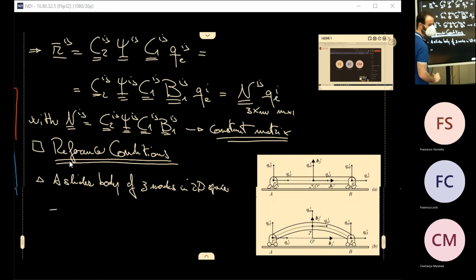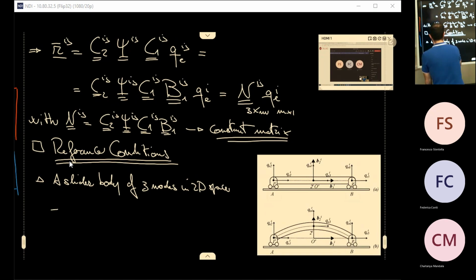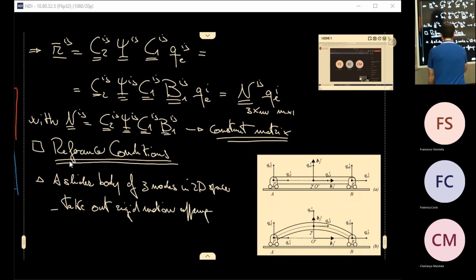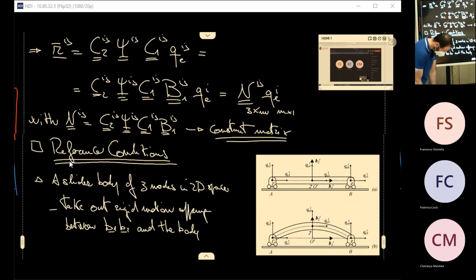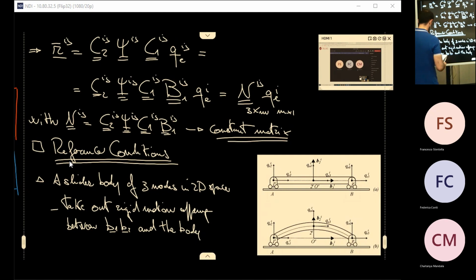And you have to basically take out rigid motion between B1, B2, and the body. Okay.